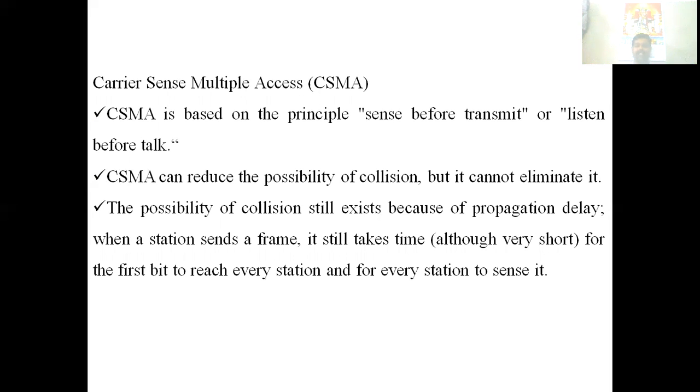When a station sends a frame, it takes time for the first bit to reach every station and for every station to sense it. If any station sends before receiving the first bit of the transmitting station, a collision will occur.